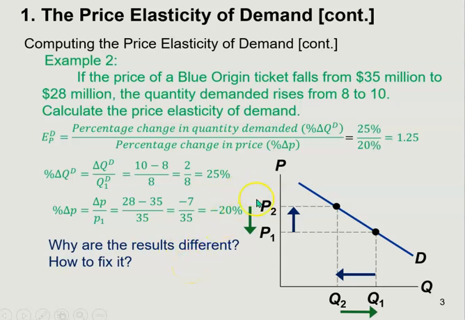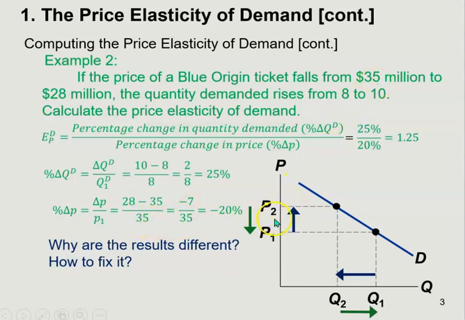So when price goes up, we use P1, which is $28 million, as the benchmark, as the denominator when we compare the percentage change, right? But here, when price drops, then we use $35 million.